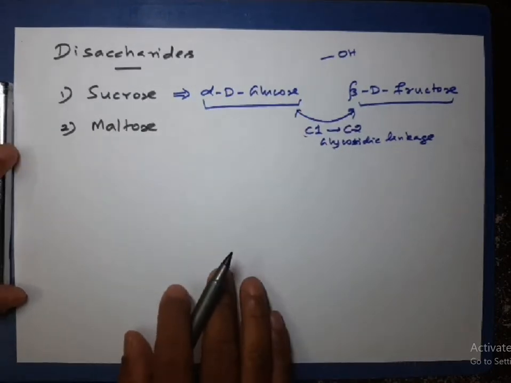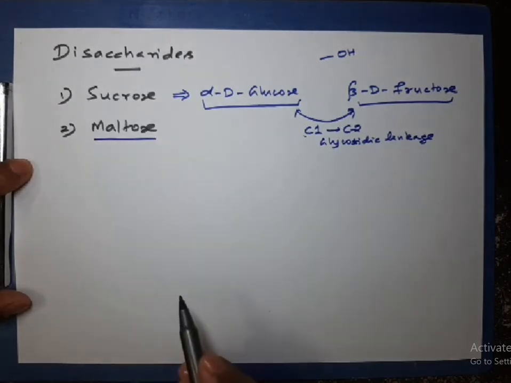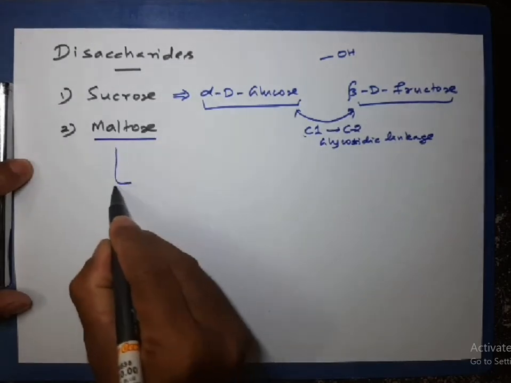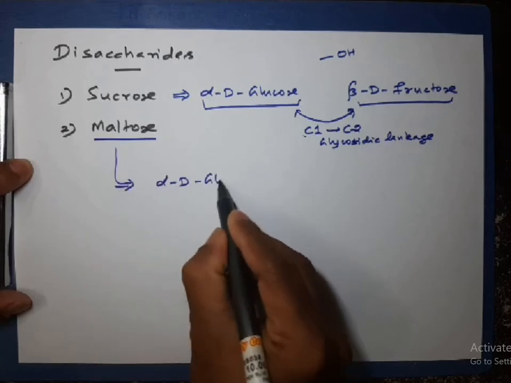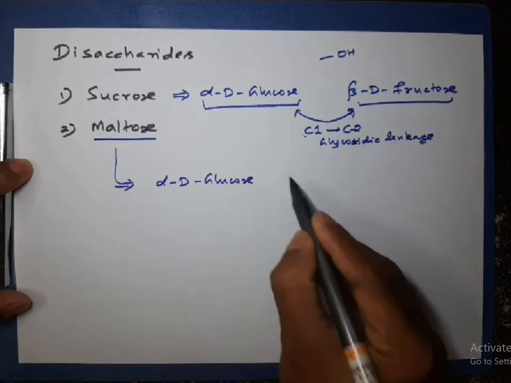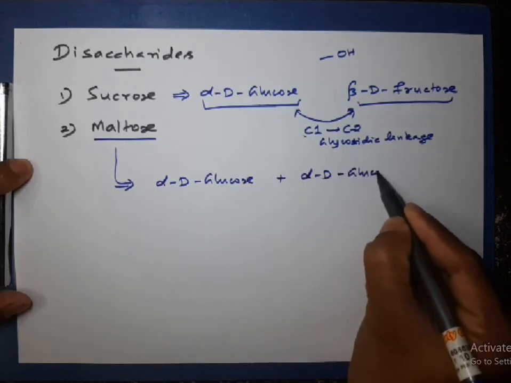Then the second disaccharide that we are going to discuss is maltose. Maltose is a disaccharide that contains alpha D glucose, one monosaccharide, and alpha D glucose, another monosaccharide.